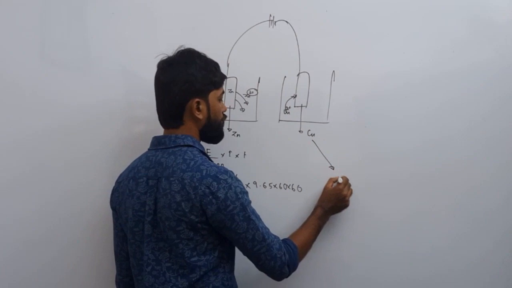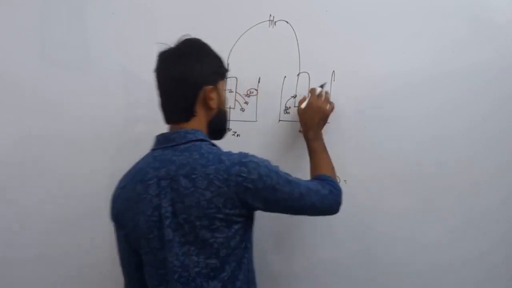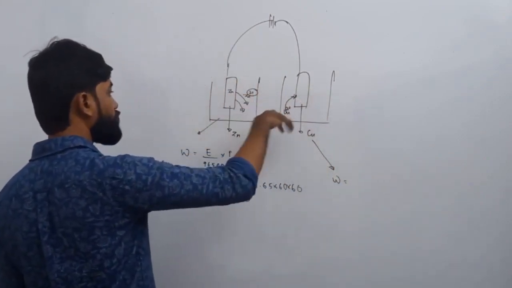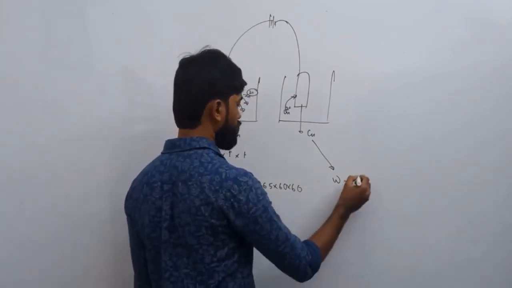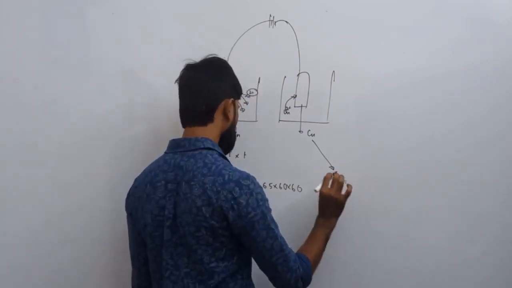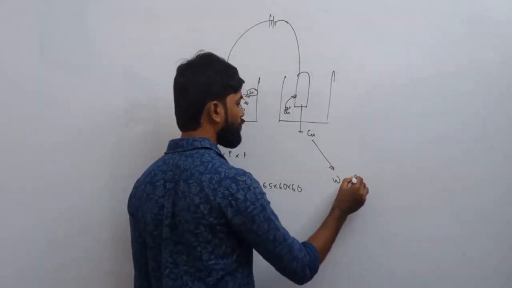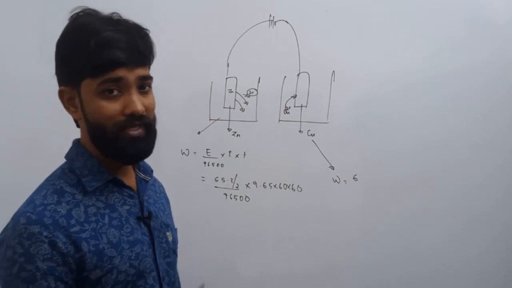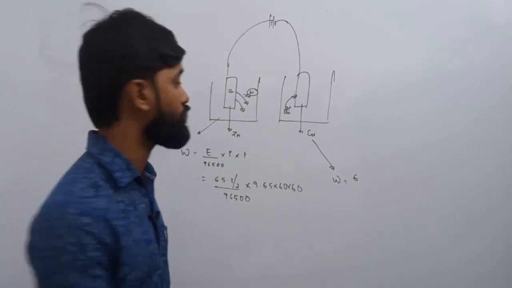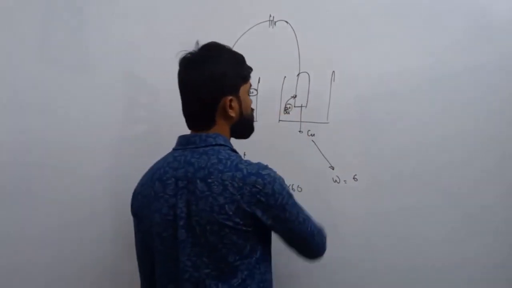And what will be the weight deposited or weight gained? Here the mass is lost and here the mass is gained. Mass gained in copper, W is equal to E by 96500 into I t, the same equation. But copper has a molar mass of 63.5, whereas zinc has 65.3. See the difference. But the n factor remains the same.